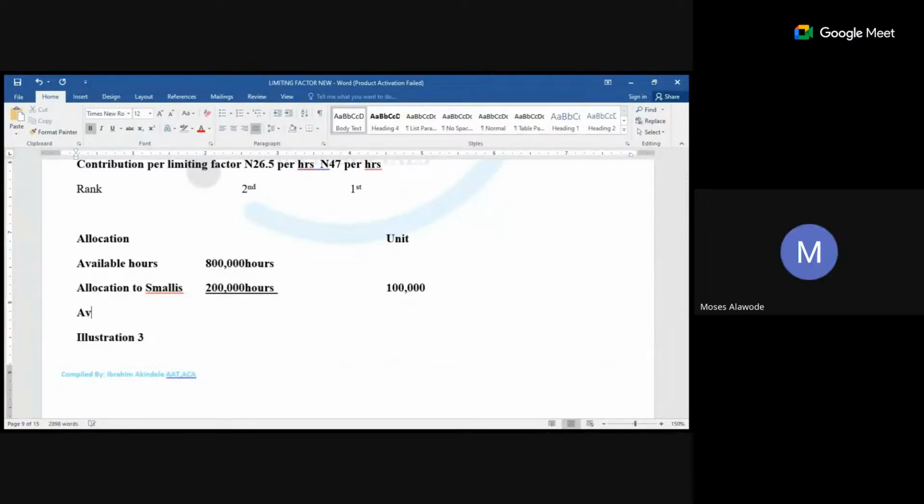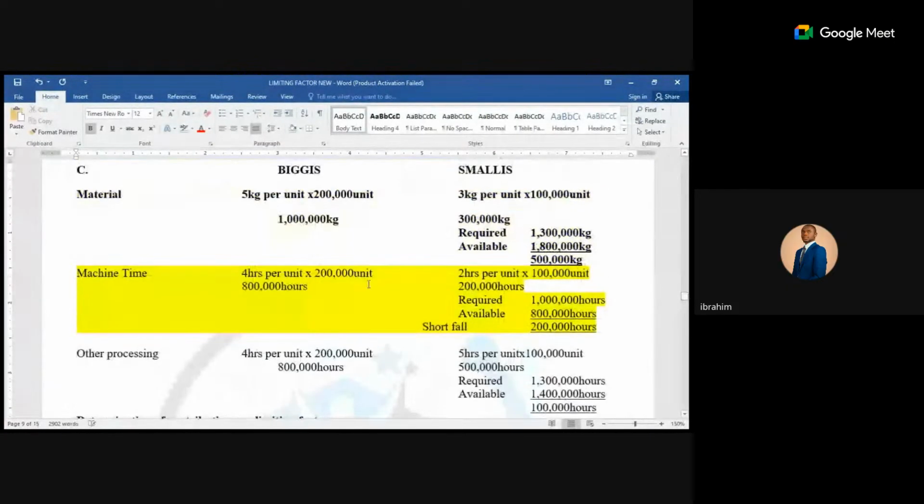So the balance will be what? 600,000 hours available for biggies. Now, how many hours will it take biggies to produce the 200,000 units?